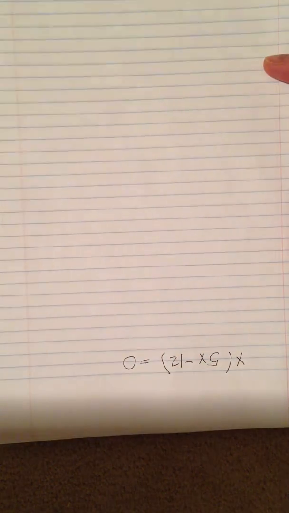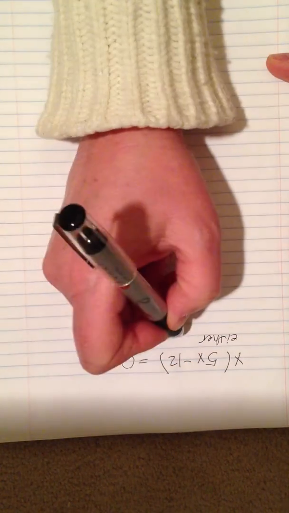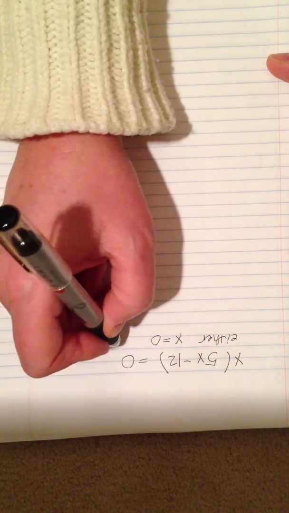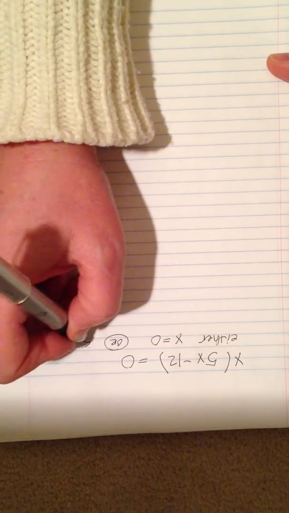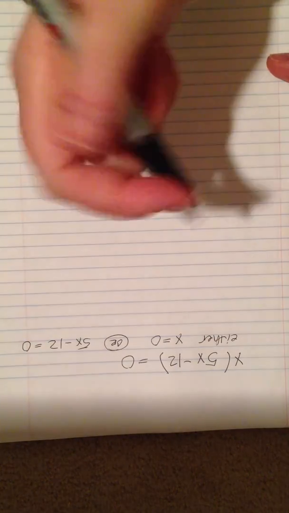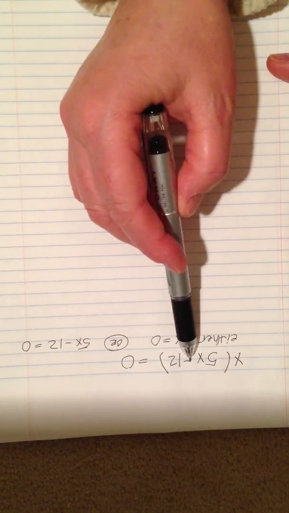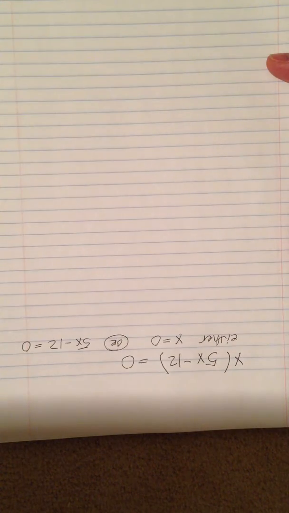Okay, so we've solved things like this before. We know that in this case, either x equals 0 or 5x minus 12 equals 0. And remember, that's our little rule that if two numbers are being multiplied together and they equal 0, one or the other of them has to be 0 in order for that to be true.